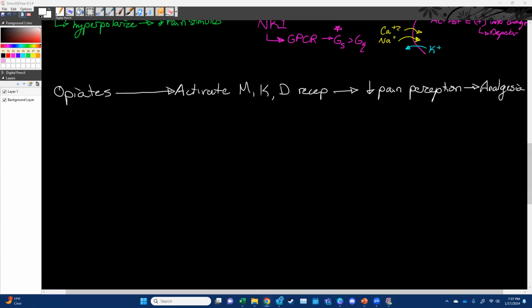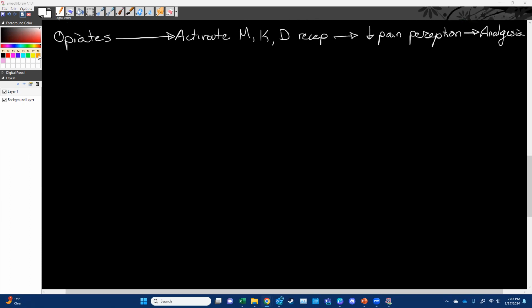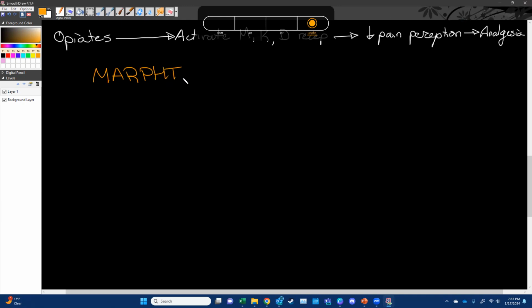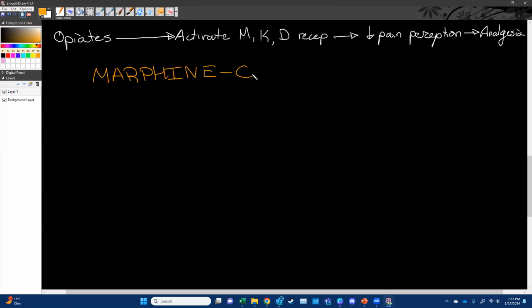When we activate these receptors, the acronym that I want you to think about is MORPHINE CVS. These are all the pharmacological actions of the opioid agonists.